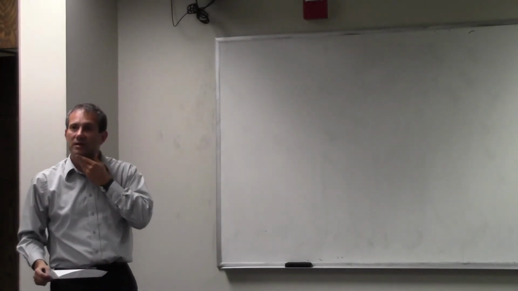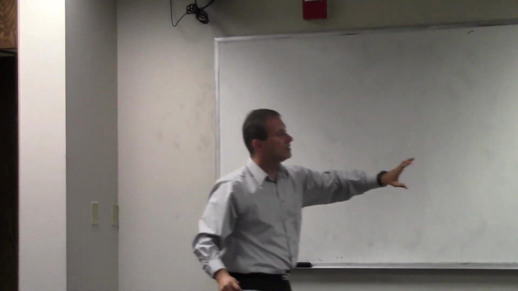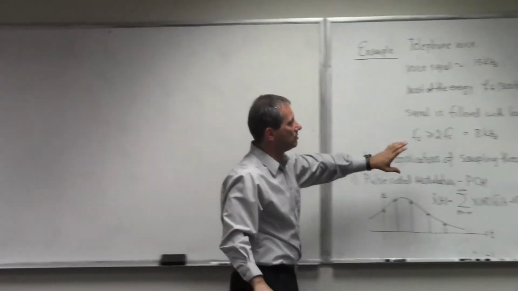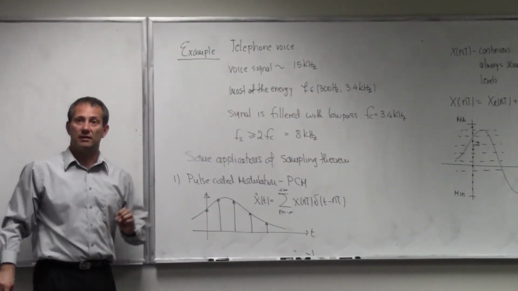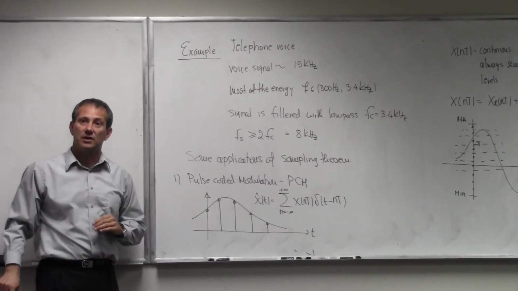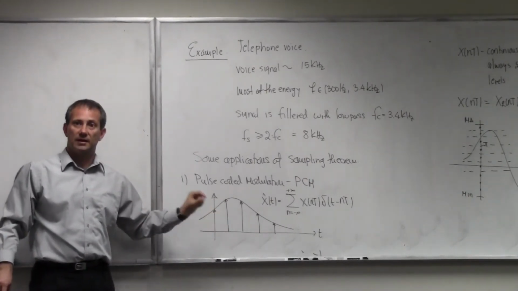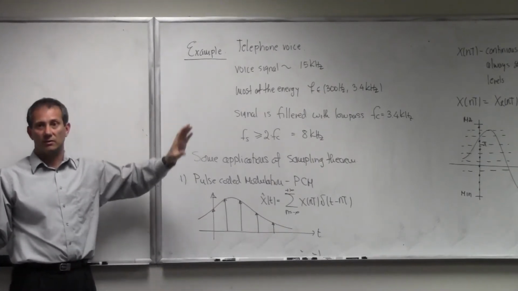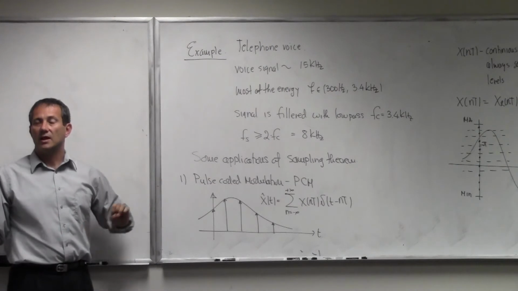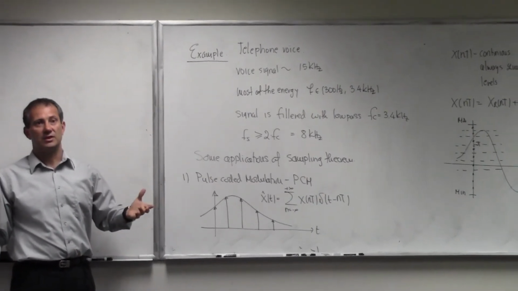And what we do in the case of the voice signal is take this interval from minimum to maximum and divide it into 256 different levels. That means every sample of voice that I collect, I'm going to round off to one of 256 levels, and I'm going to need 8 bits to represent 256 levels.